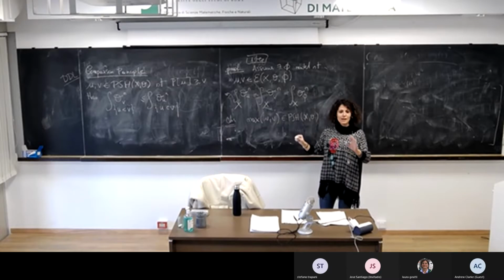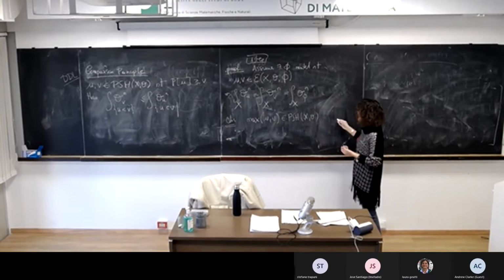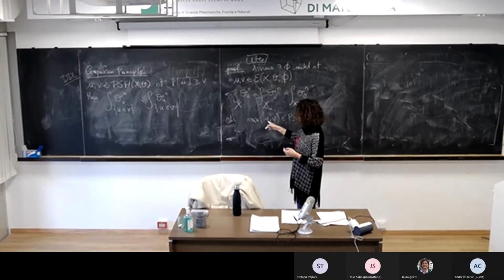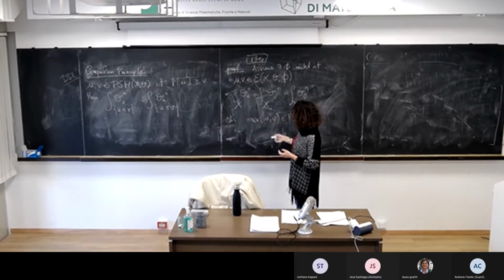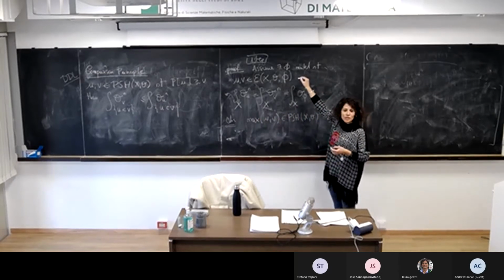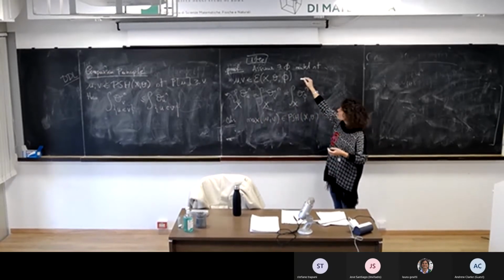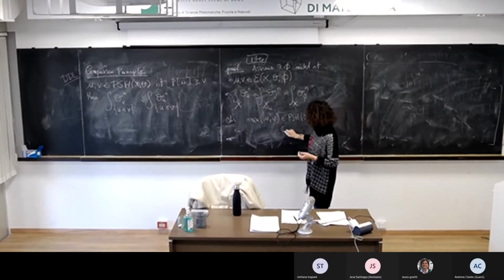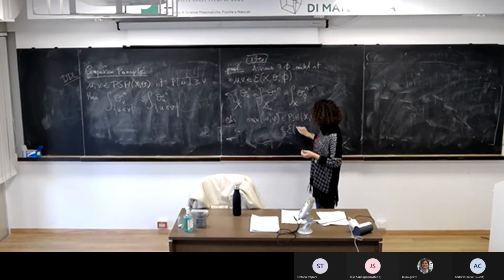So the max is an operation that preserves quasi-plurisubharmonicity. And look at this: the maximum between u and v is still going to be in the class E of X, theta, and capital phi.